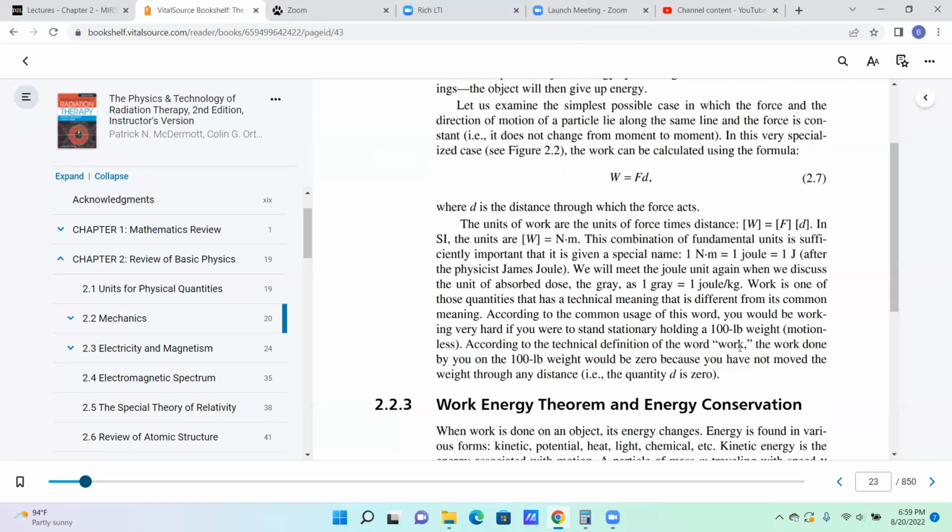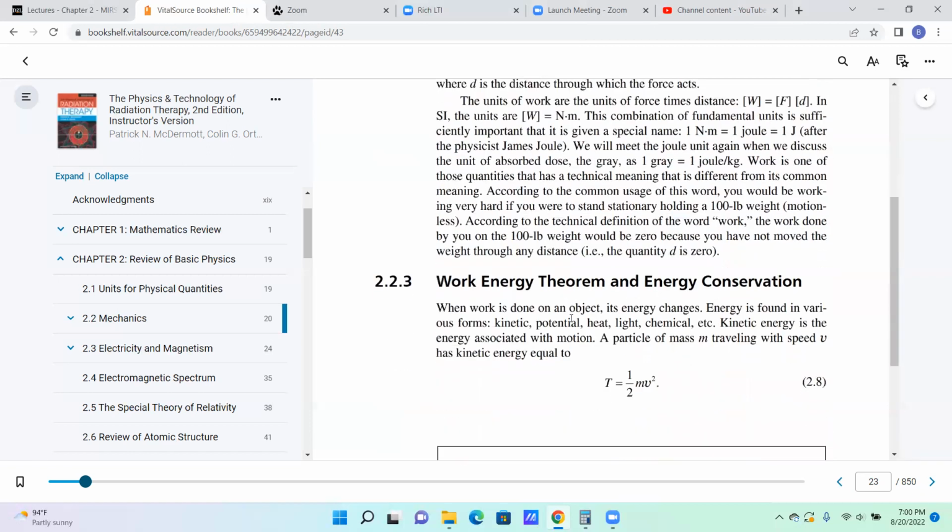According to the technical definition of the word work, the work done by you on this would be 0 because you haven't moved it through a distance. However, don't tell me you won't start getting some muscles there if you start holding a 100-pound weight still and trying not to drop it over a certain period of time.